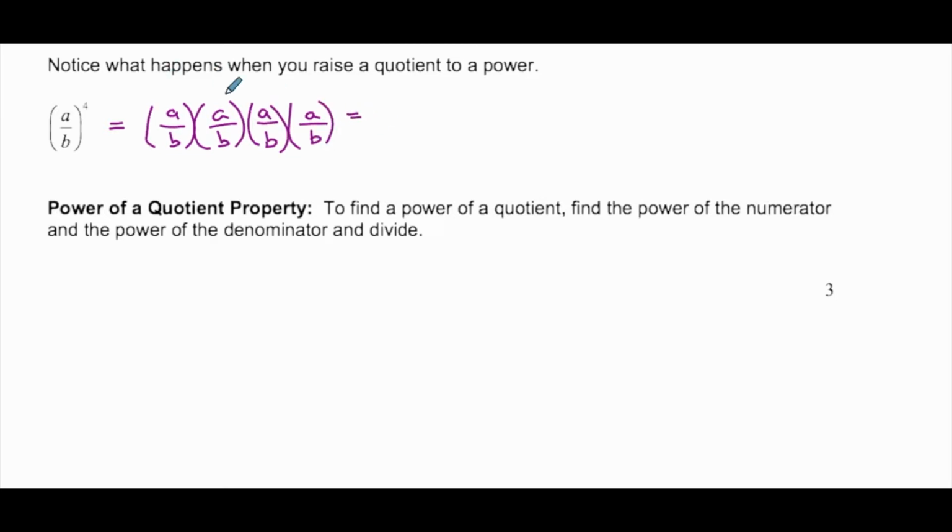I'm really doing a times a times a times a to the 4th, over b times b times b times b. So if you're finding the power of a quotient, you find the power of the numerator and the power of the denominator and divide. So generically, if I change the exponent to be something that's also a variable, I'm doing a to the m over b to the m.